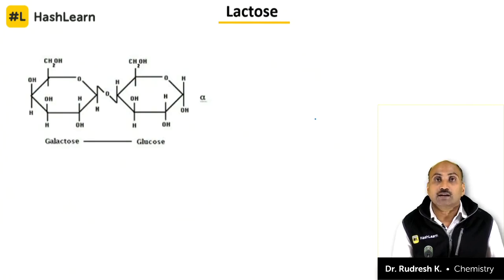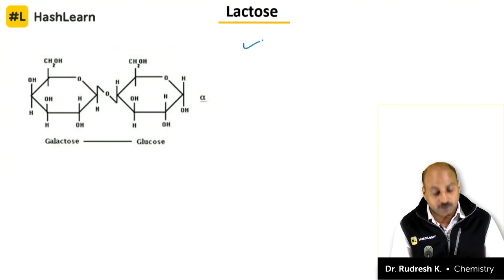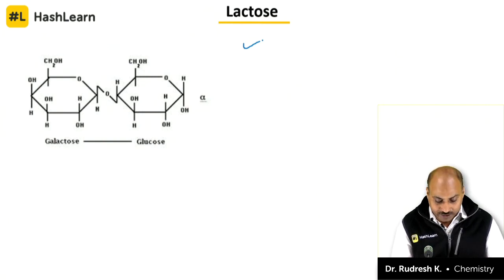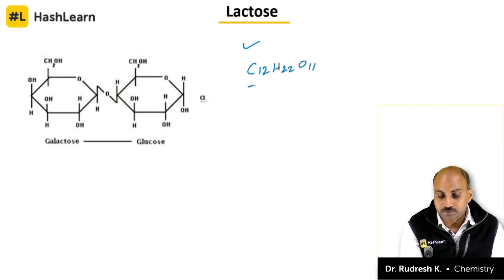The next oligosaccharide which I am going to talk about is lactose. This is once again a very important oligosaccharide which acts as a source of energy. It also has the same formula, C12H22O11.